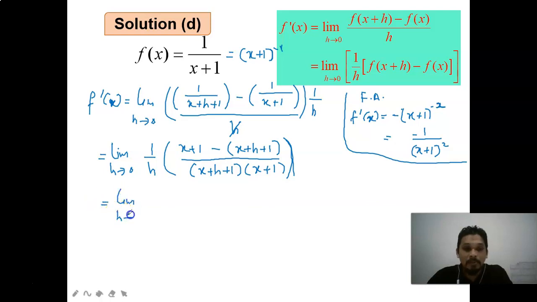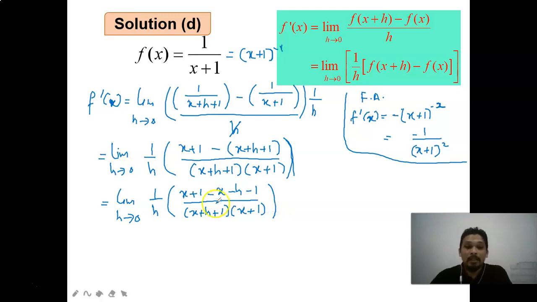Limit h approaching 0, 1 divided by h. So x plus 1, negative times x plus h plus 1, divided by x plus h plus 1 and x plus 1.